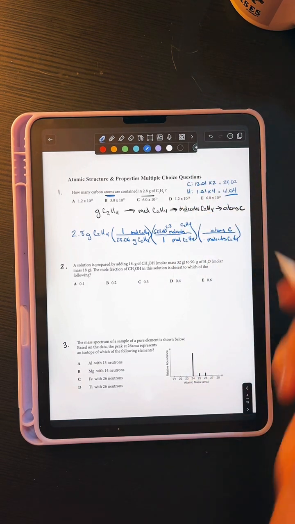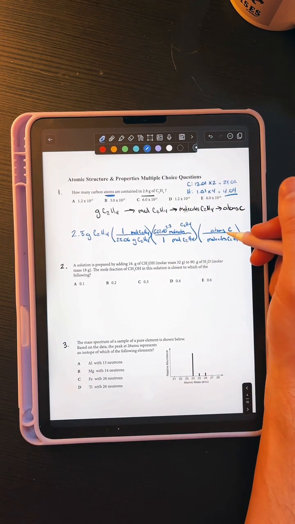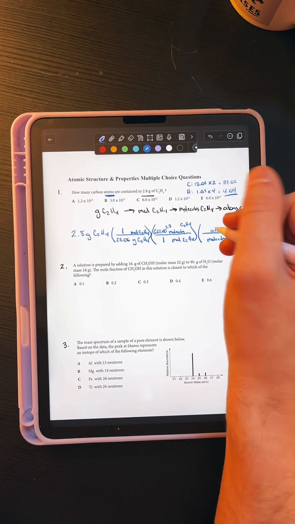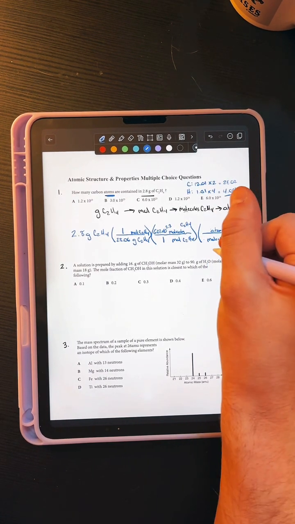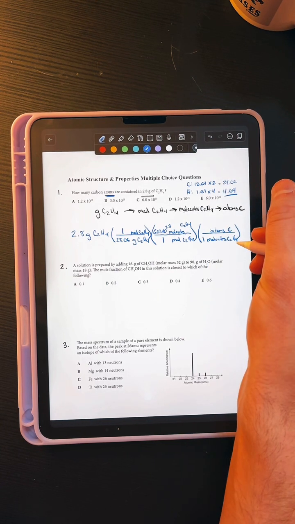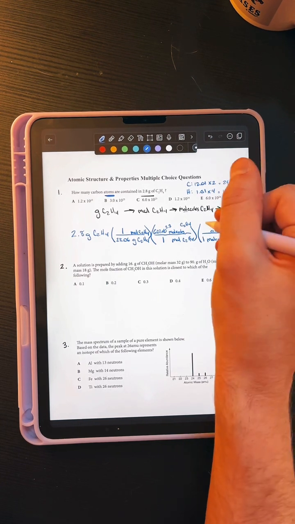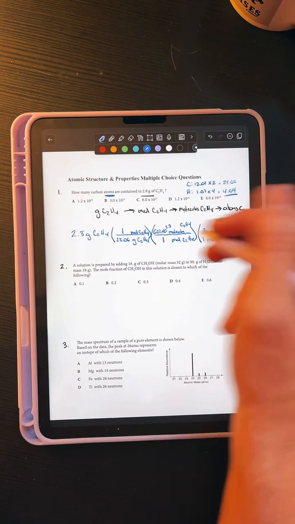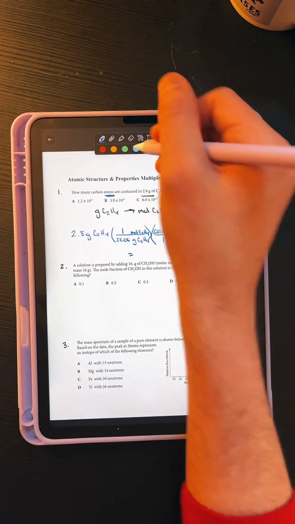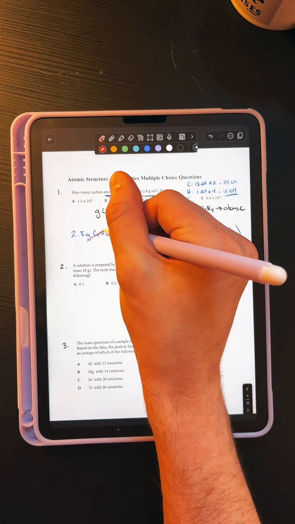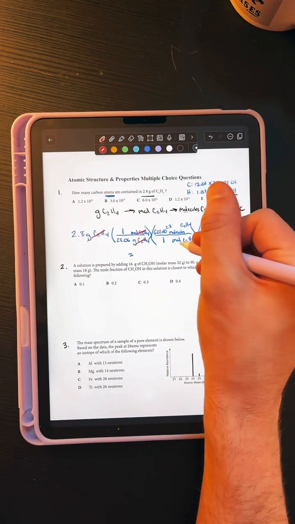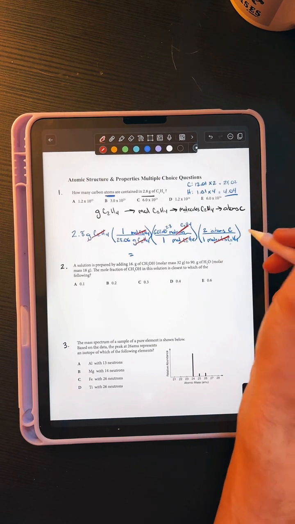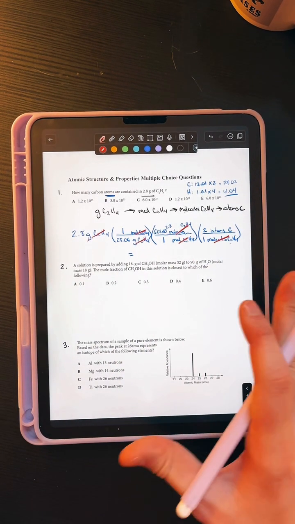How many atoms do we have in one molecule? Well, if we look at one molecule of C2H4, we see 2 atoms of carbon in there. When we do this math out, the grams will cancel, moles will cancel out, molecules cancel out, and we're left with atoms of carbon, which is exactly what we wanted.